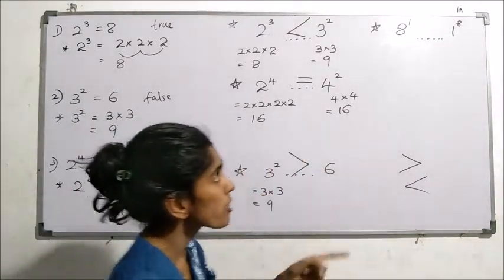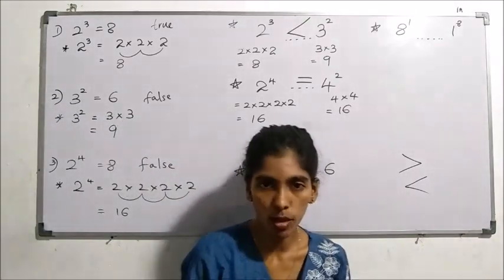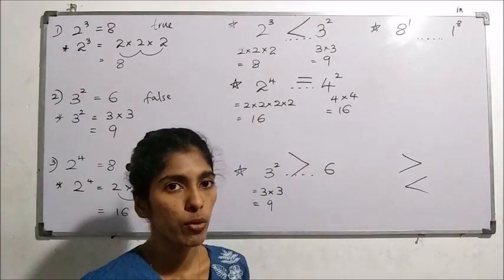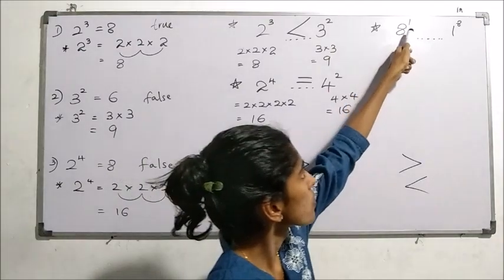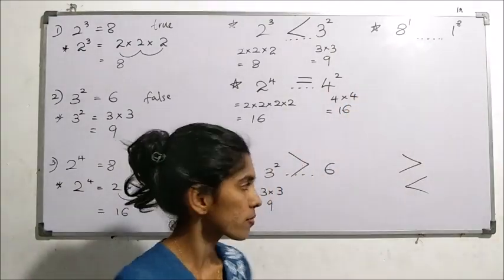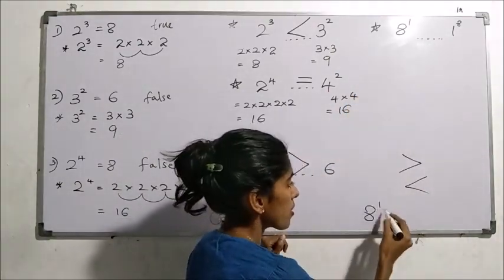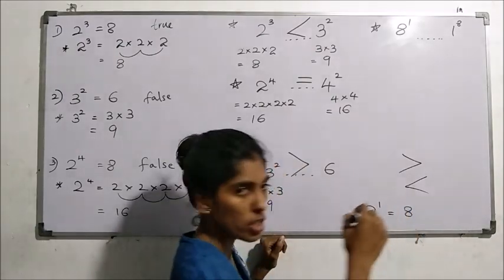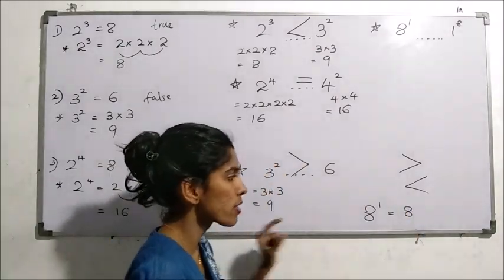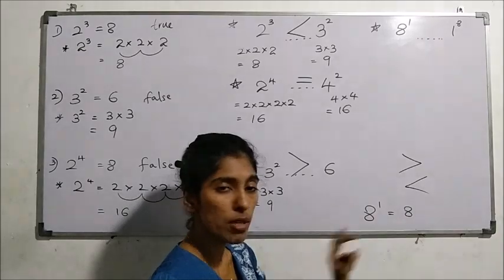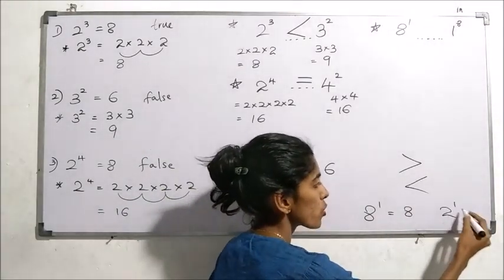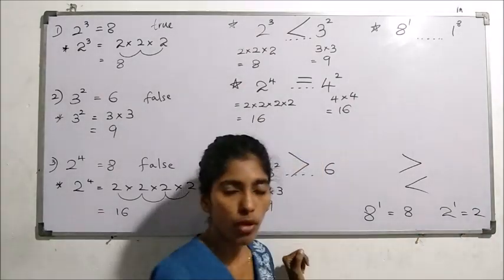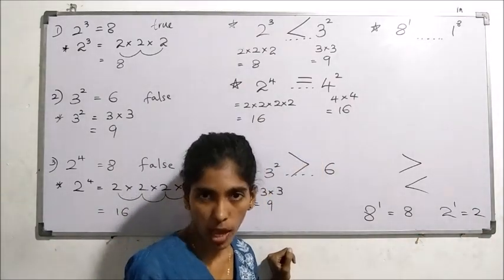Last one, 8 to the power 1. If you can remember, while we were doing sums, I told you that when the power is 1, you can remove that power 1, because the base can be written as it is. Not only for this number: 2 to the power 1 can be written as 2, 5 to the power 1 can be written as 5.